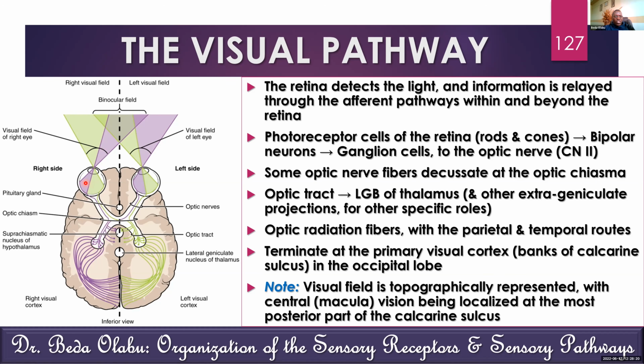For that reason, the optic nerve fibers from the temporal retina will pass through the chiasma without decussation. So they come from the right side, they'll maintain that side. But optic nerve fibers from the nasal retina have to decussate because the information they're having is on the same side as that of the eye.